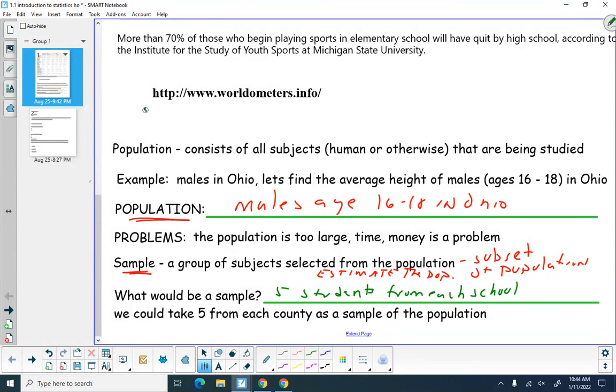Call 5 students down at random and measure their height. Then go to the next school, then go to the next school, then go to the next school. So basically you have 5 students per school. Or you can have the phys ed teacher say, choose 5 males aged 16 to 18 at random, measure their height. Send me those 5 data values.